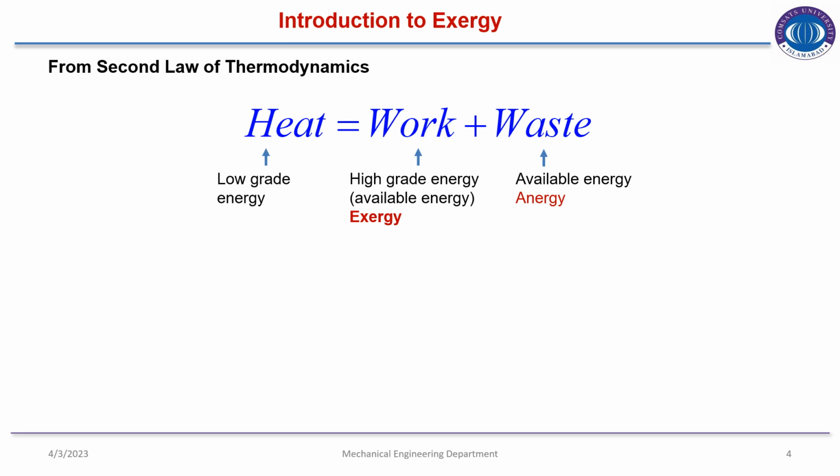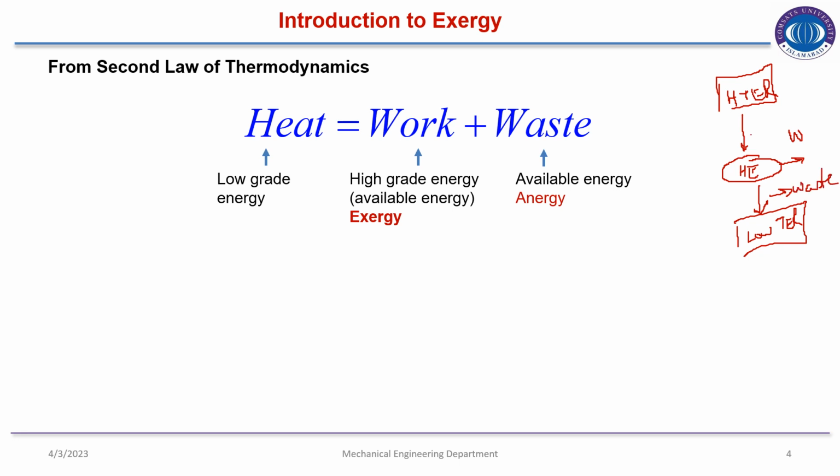I will draw here the high temperature thermal energy reservoir. Heat is supplied to a heat engine, some of that will be converted into work and the rest will be rejected to the low temperature thermal energy reservoir. That is the waste and that is the useful energy.